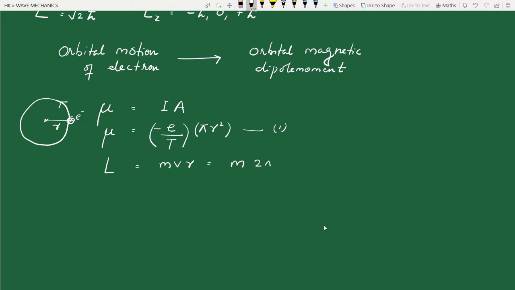Velocity is circumference by time period. That is, in one time period it covers a distance of 2 pi r. So velocity is 2 pi r by T. So we have m 2 pi by T into r square.